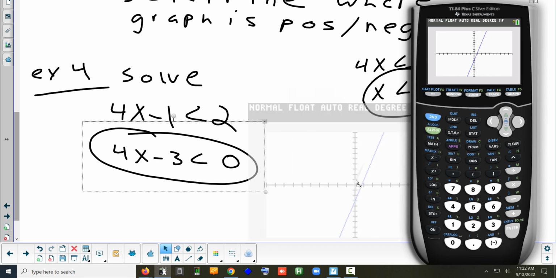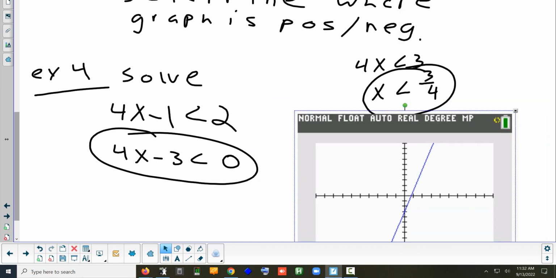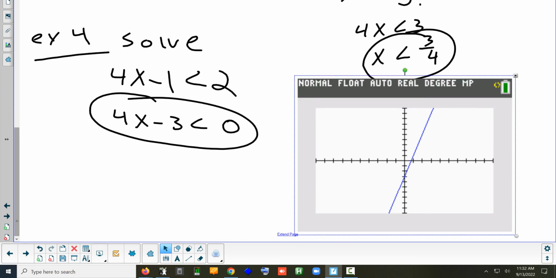Look at our graph. And we want our graph to always have a negative result, less than 0. That's going to be from here down. So that means you could pick any x values to the left of where I circled. If you pick them to the right, it won't work.